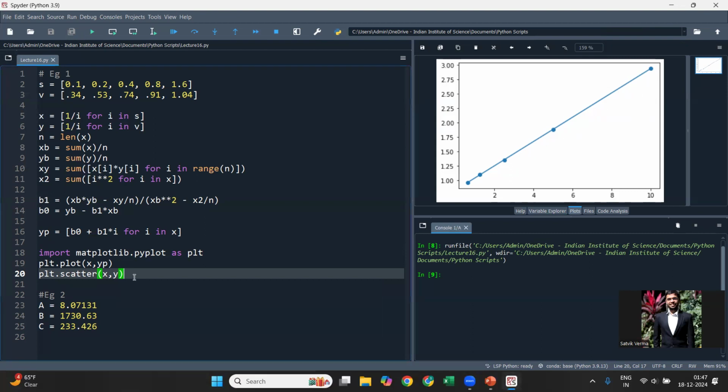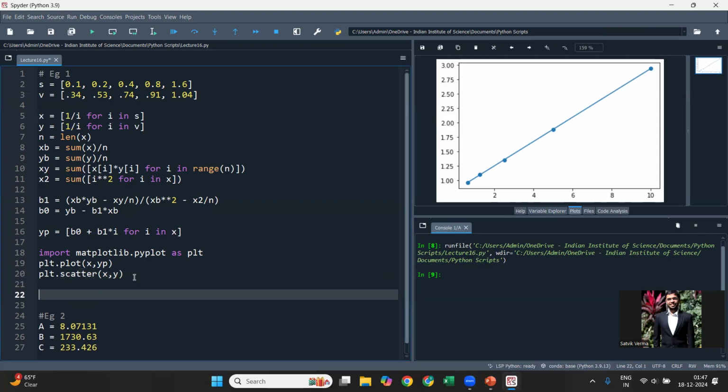And how to measure whether the fit is good enough or not? We'll calculate the R square value. So what is R square? R square is 1 minus sum of squares of residues. So once again, we don't want to store the squares of residues, but we need to calculate its sum. So let's make up a list that calculates the residues.